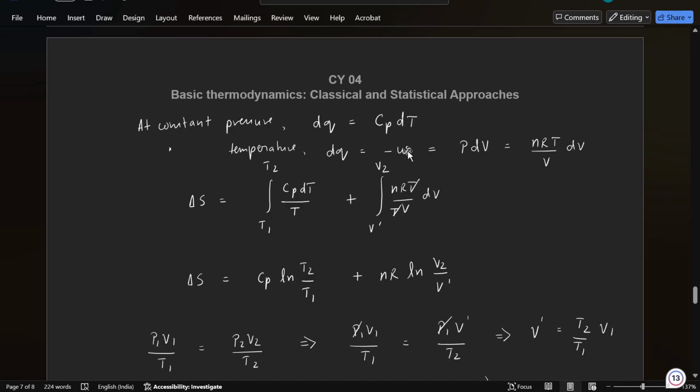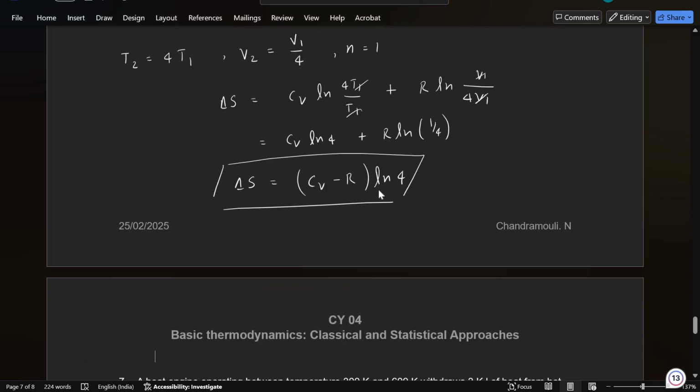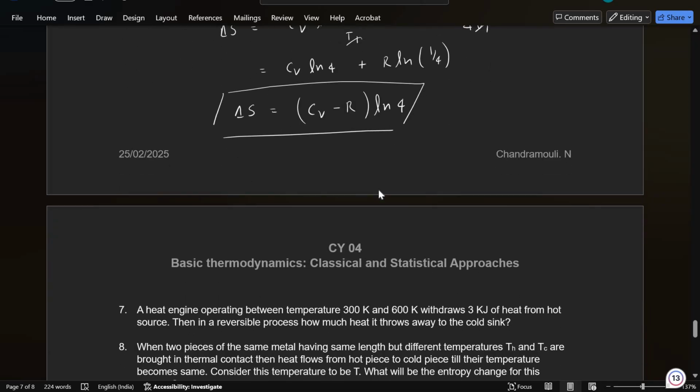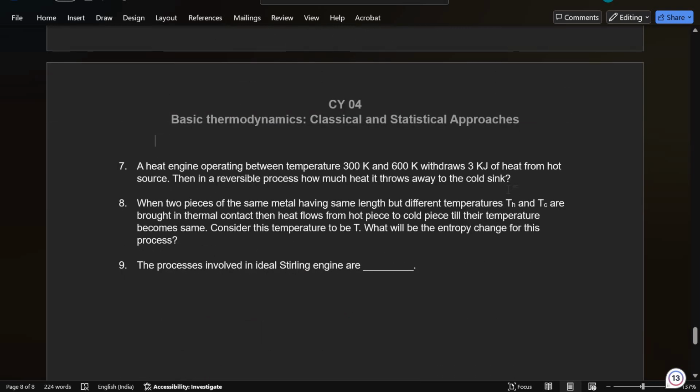No. Minus W. W is minus PdV. So that is correct. W is minus PdV, right? So dQ is minus W and W is minus PdV. Correct? Okay.